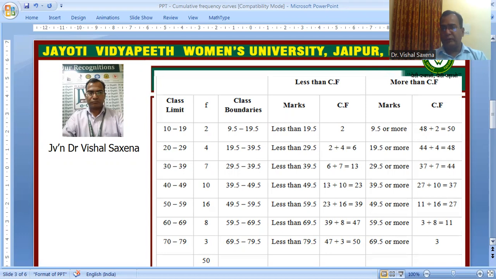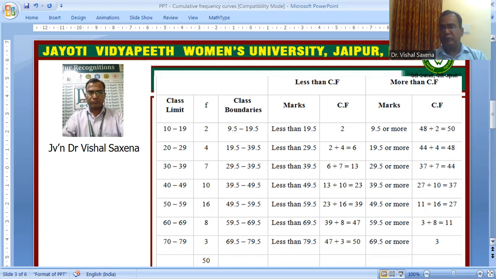Next we have to make the cumulative frequencies. Cumulative frequencies are given as less than and more than. For the less than cumulative frequency, we can observe that it is less than 19.5, less than 29.5, less than 39.5, and so on.